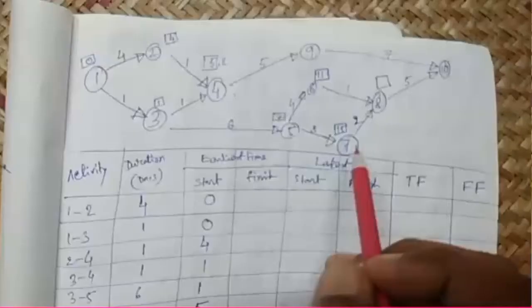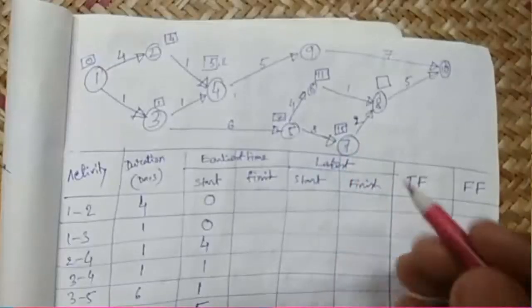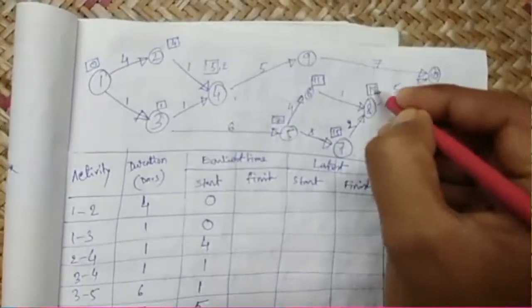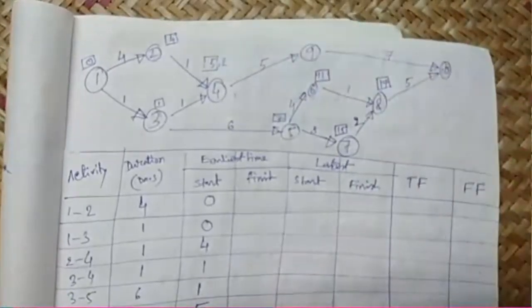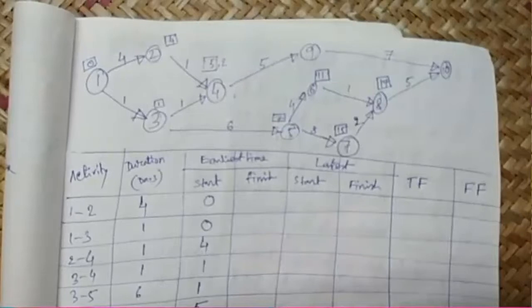We have two options, 15 plus 2 is 17 and 11 plus 1 is 12. So we have to take the maximum for the forward pass, and that will be 17. Very good. So 8 10 is 17.